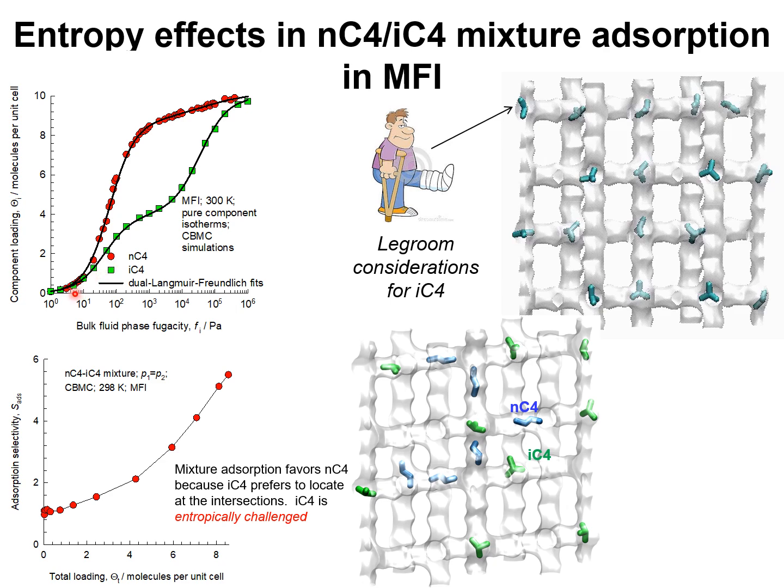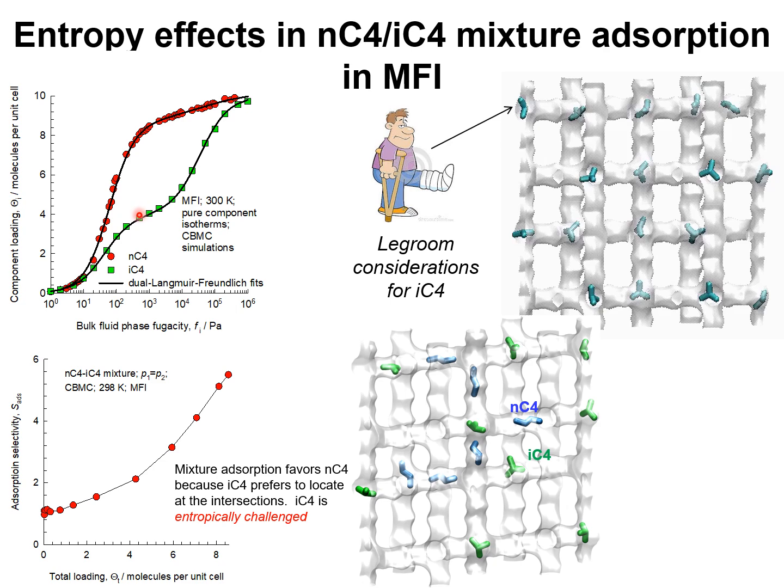The unary isotherms for normal butane and isobutane in MFI zeolite are plotted here. The red circles are for normal butane, the green squares are for isobutane. We note that the isobutane isotherm shows a strong inflection at a component loading of 4 molecules per unit cell.